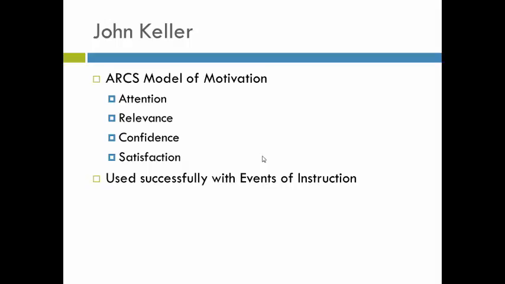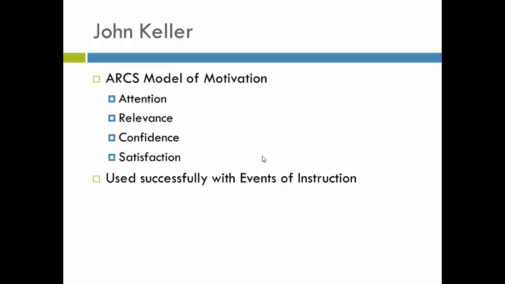Keller identifies 4 specific components to his model that are key to motivation. These are attention, relevance, confidence, and satisfaction. And these 4 components are where the ARCS model gets its name, because ARCS is an acronym for attention, relevance, confidence, and satisfaction.